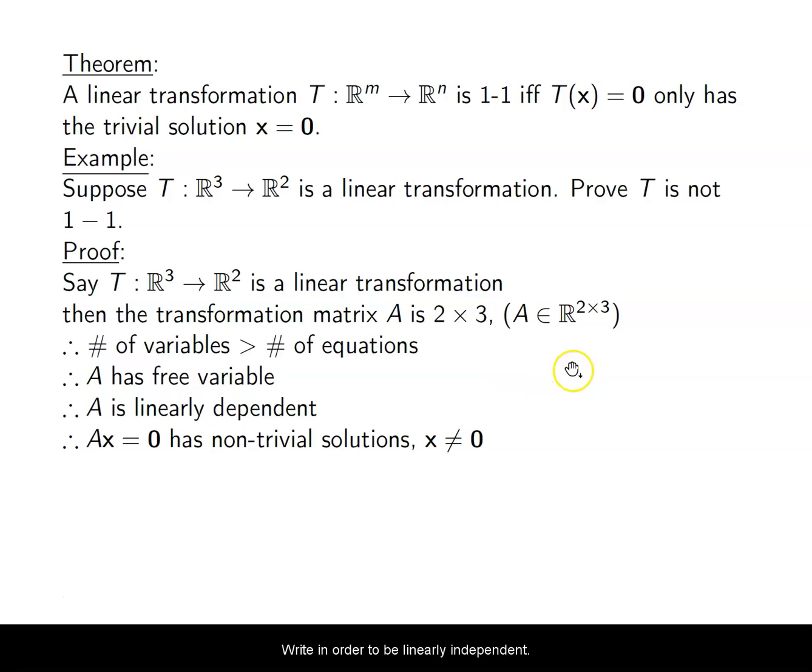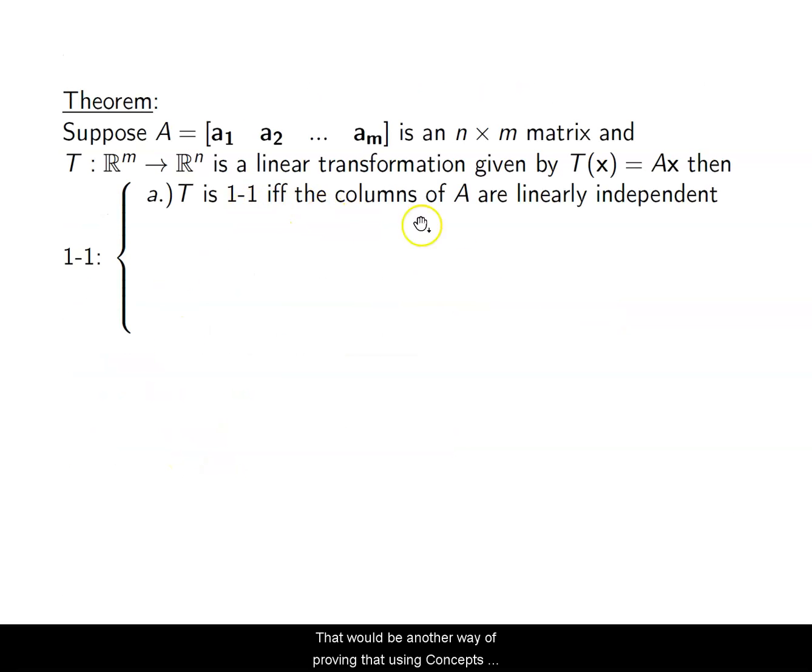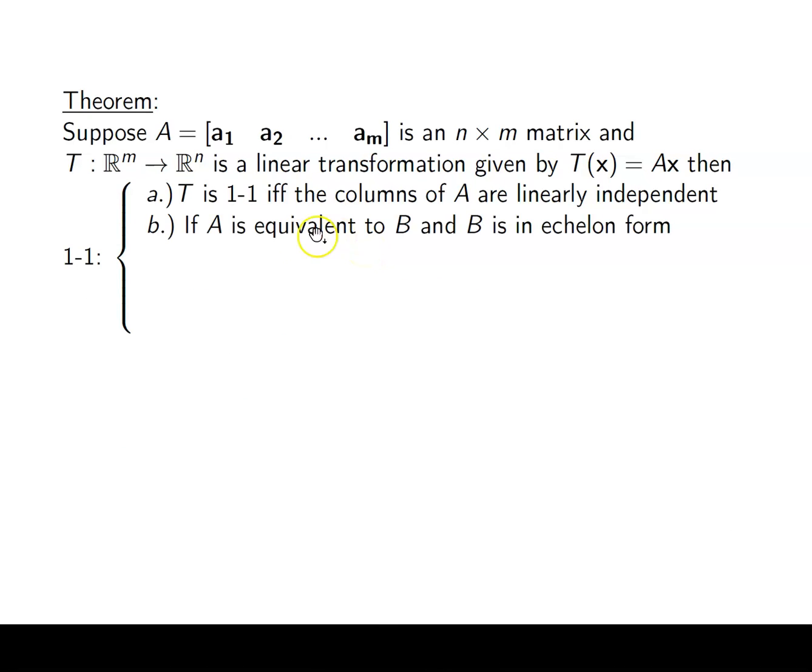In order to be linearly independent, I can have only 1 vector or 2 vectors. If I have more than 2 vectors, because there are only 2 elements in each, it is not going to be linearly independent. So I could now reprove this by using that formula instead, which would be much shorter than this, okay? So that would be another way of proving that, using concepts rather than calculations, okay?